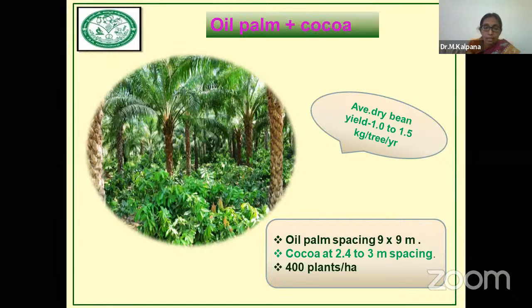Cocoa should be grown as an intercrop in the square system of planting of oil palm. Here the oil palm spacing is 9 by 9 meters, and the spacing for cocoa is around 2.4 to 3 meters, which will accommodate almost 400 plants per hectare. Here the cocoa yield is less, 1 to 1.5 kg per tree per year.